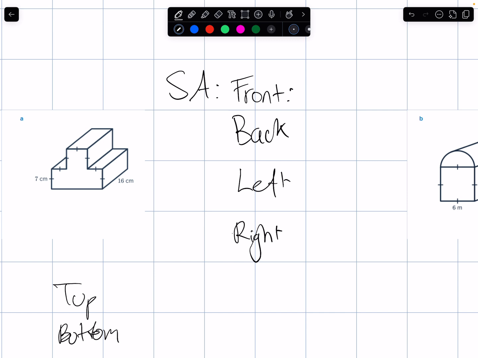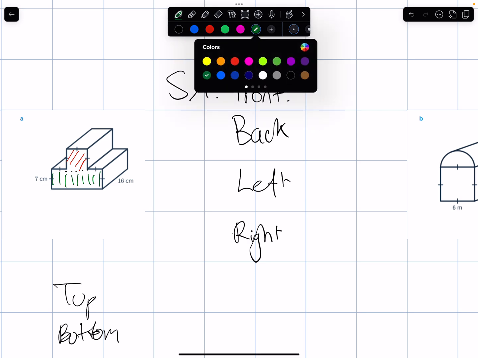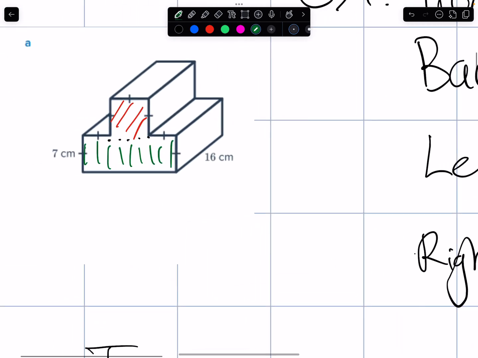A front view is made up of two shapes. We have a square here, and then we have a larger rectangle here. Immediately I can see in our bottom rectangle, we have a length of 7, but an unknown width. How am I going to figure that out?